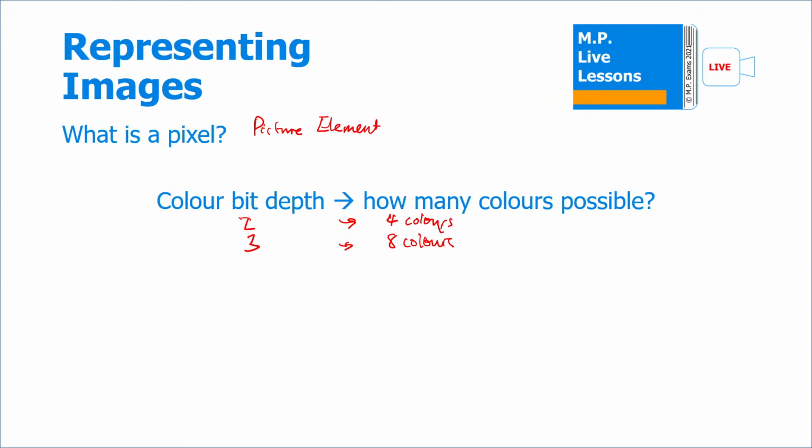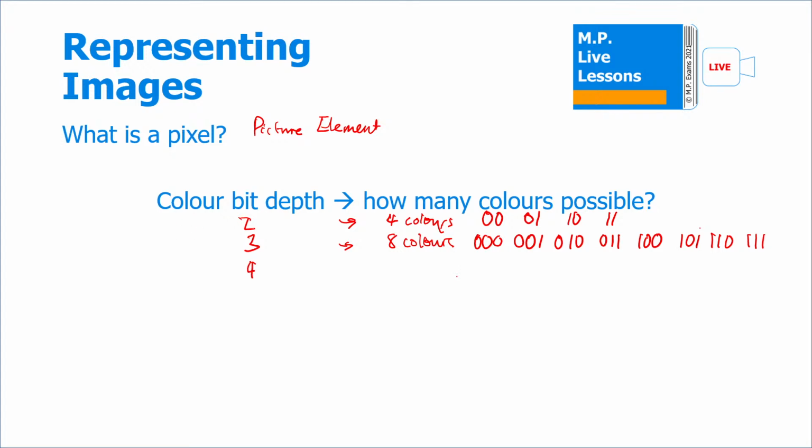For example, with the color bit depth of 2, we have 4 possible bit patterns, so like 0 0, 0 1, 1 0, and 1 1. Whereas with 3 bits, we have 8 different combinations. And this increases exponentially.